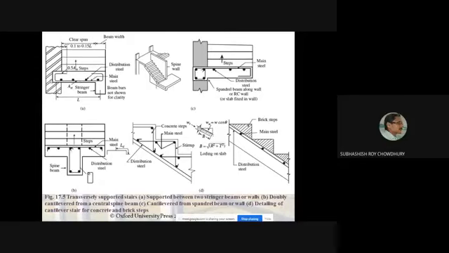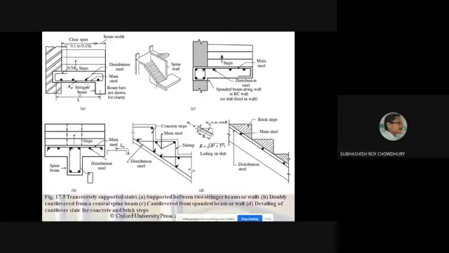Along the wall it will be supported over the wall, and at the other side it will be supported over the beam. So it will be treated as a simply supported slab, supported over these two ends. You can simply find the moment developed at the middle of this span and provide the steel there.